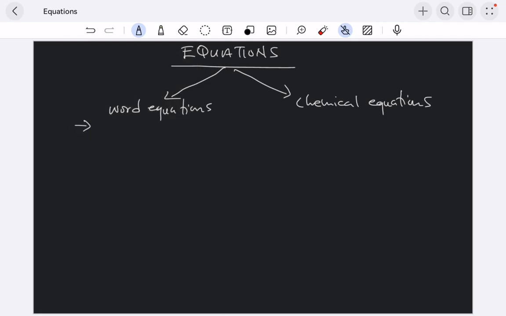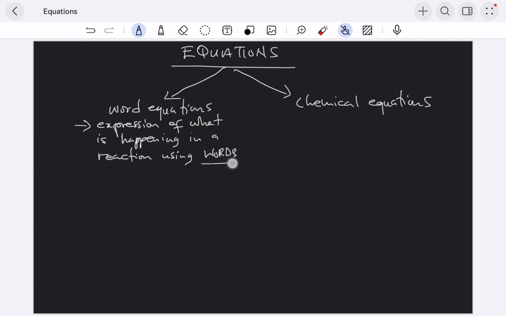A word equation is just an expression of what is happening in a reaction using words. So we use words to describe what is happening in a chemical reaction.